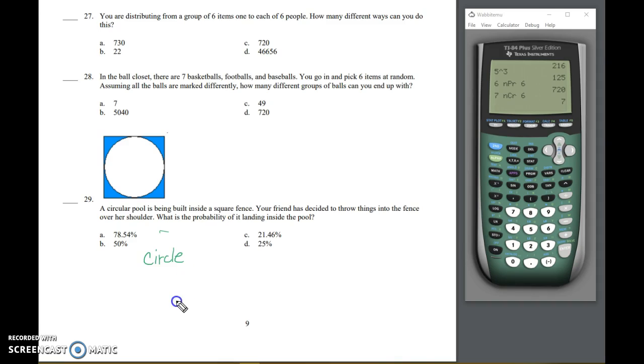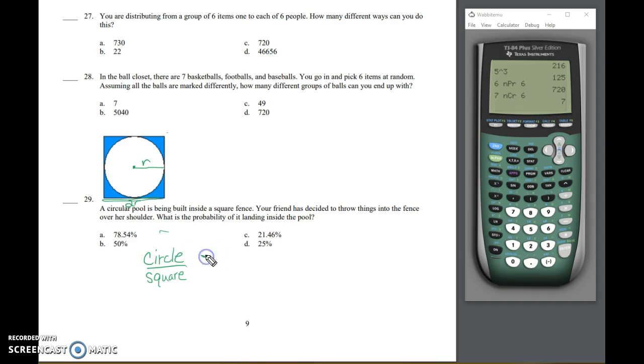What do we know out of the entire square? So we know from the center of the circle out to the edge, that's the radius. And that would mean that the entire length of the square would be 2 of the radius.